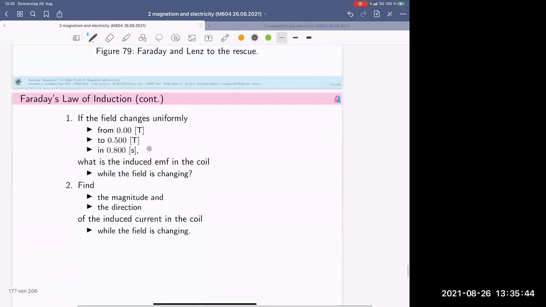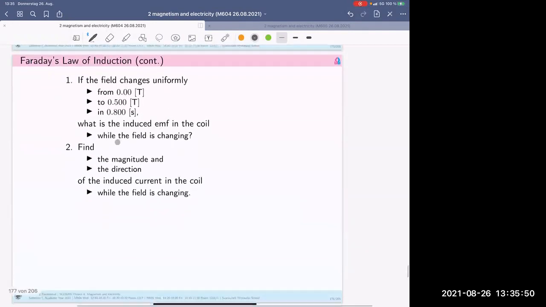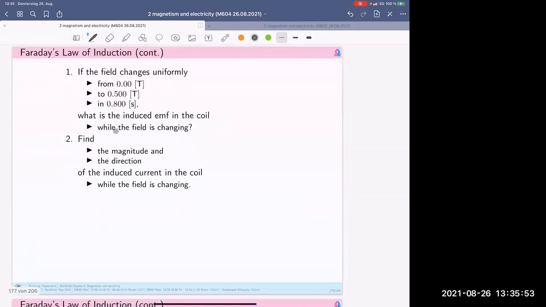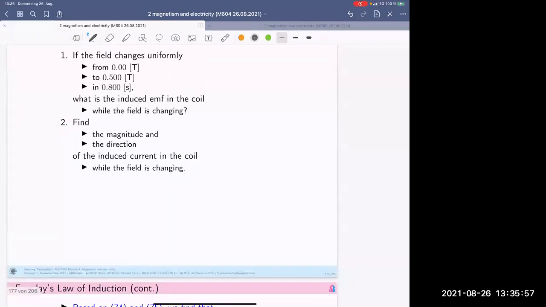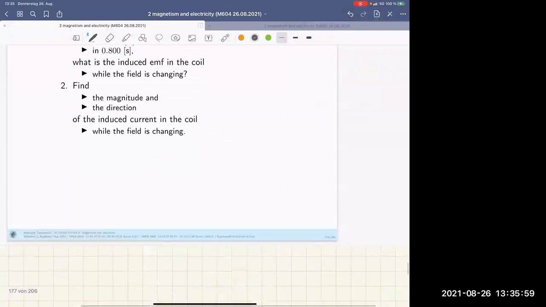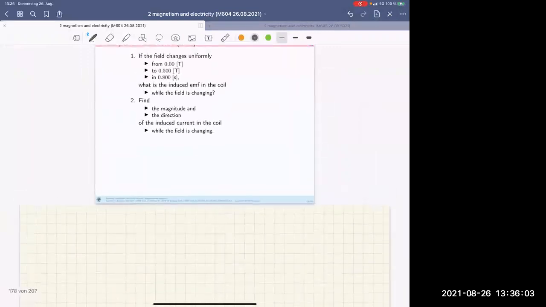If the field changes from 0 Tesla to 0.5 Tesla in 0.8 seconds, what is the induced EMF in the coil when the field is changing? Okay, no problem. Let's solve the first question first.